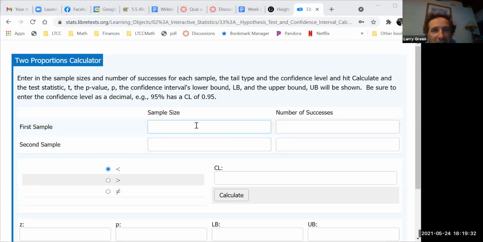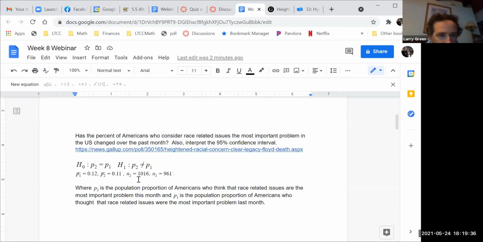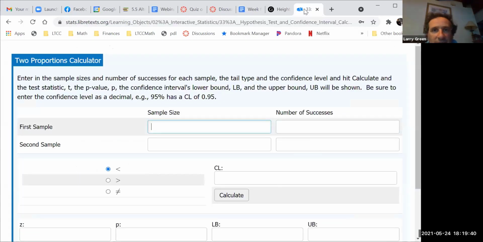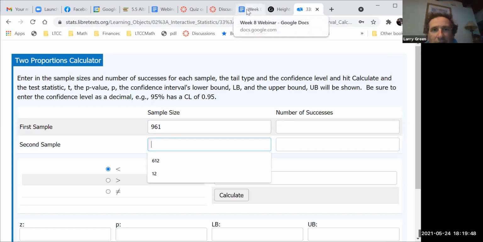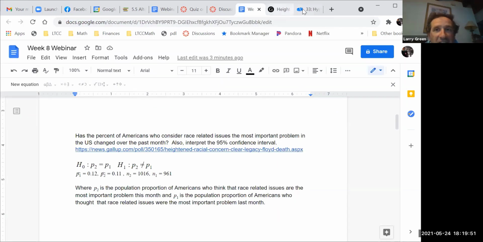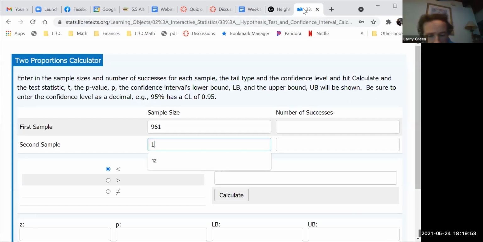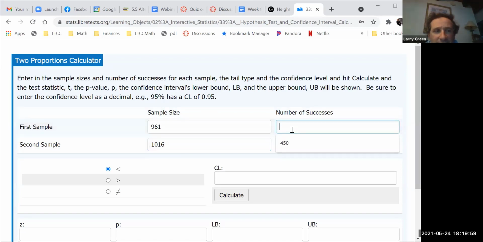Okay, so our sample sizes, our N1 was 961. Our second sample size, that one was 1,016. How do I get the number of successes for the first sample? How do I do that?